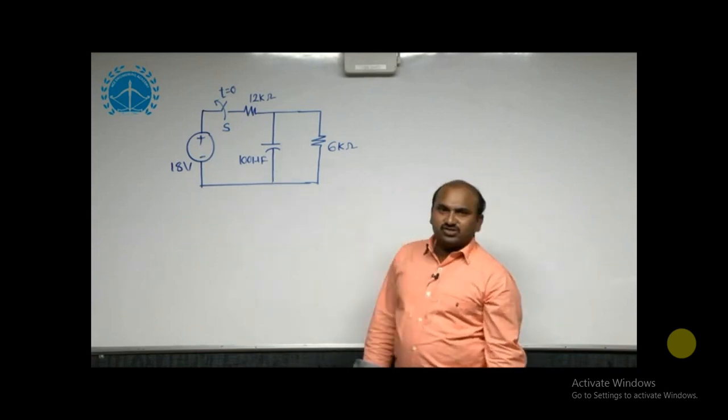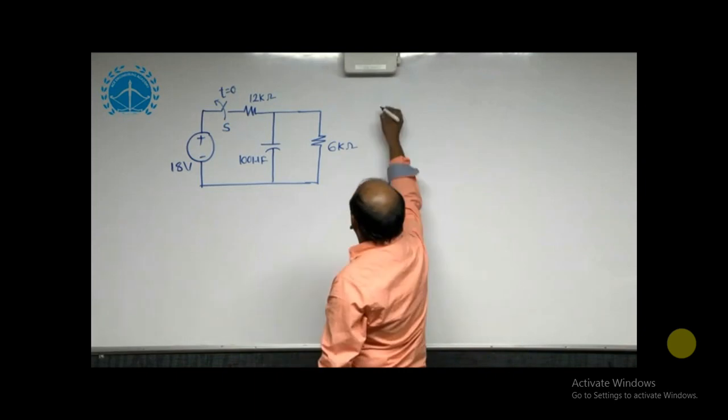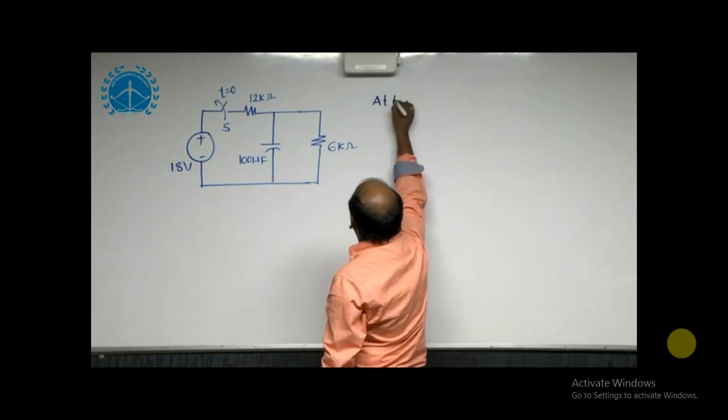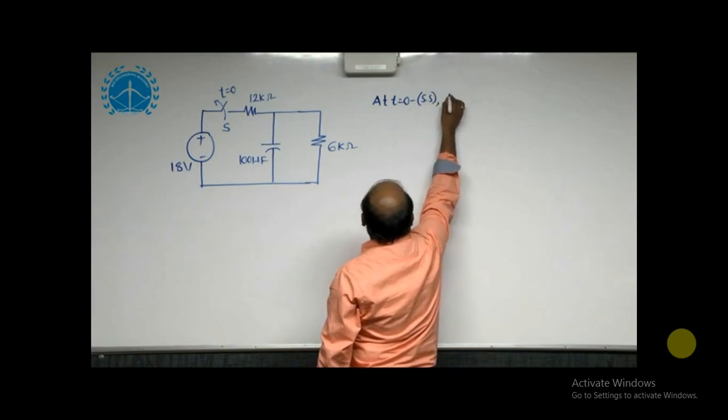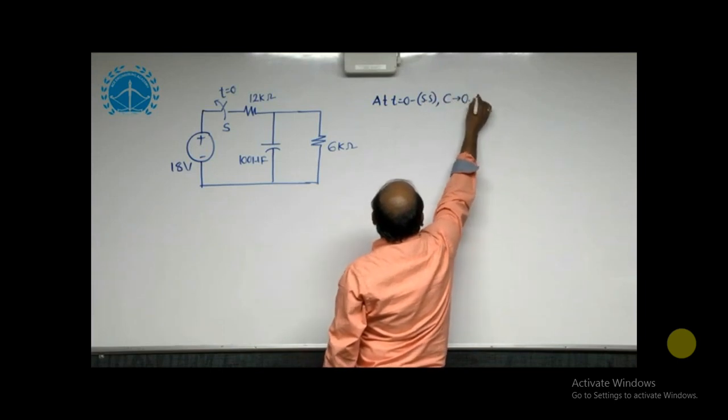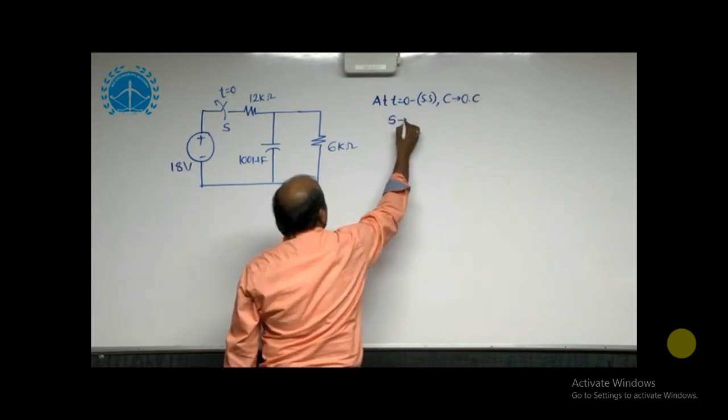To obtain the initial voltage, we need to take t equal to 0 minus. At t equal to 0 minus under steady state, the capacitor acts as an open circuit, and the switch position is closed.